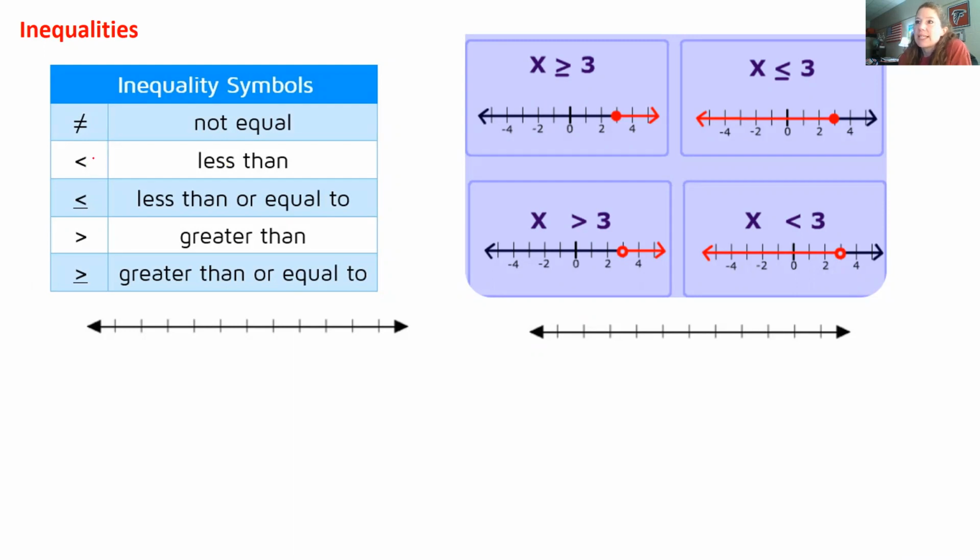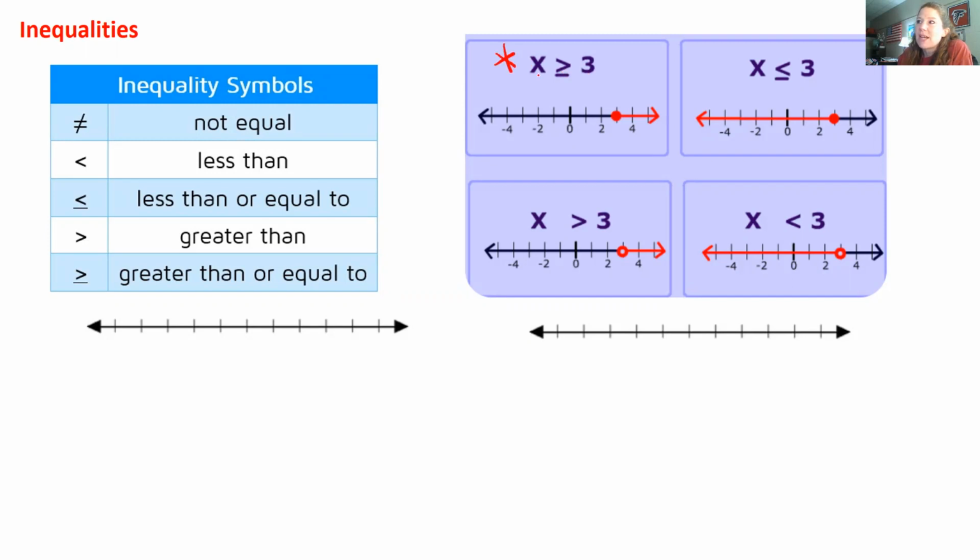The very first one says not equal to. But the ones that we're going to be using are the bottom four: less than, less than or equal to, greater than, and greater than or equal to. This one says x is greater than or equal to 3.